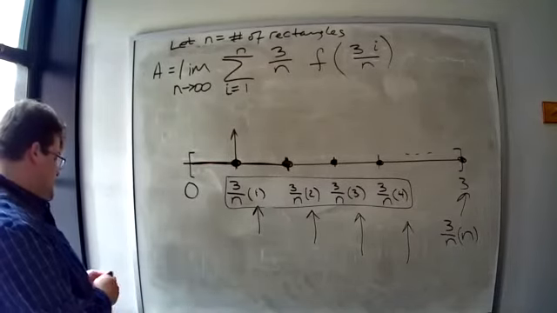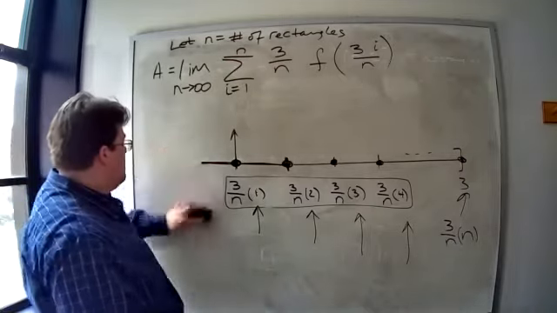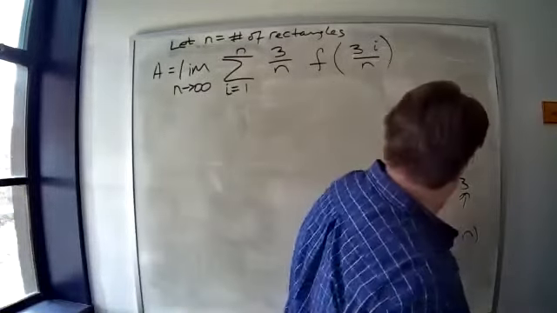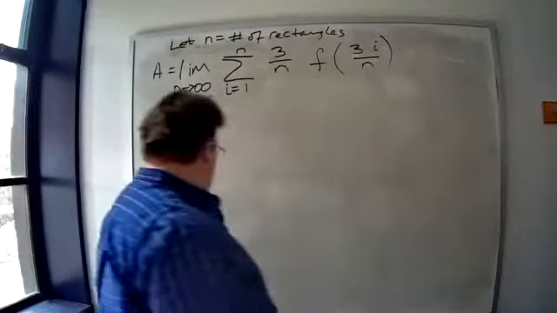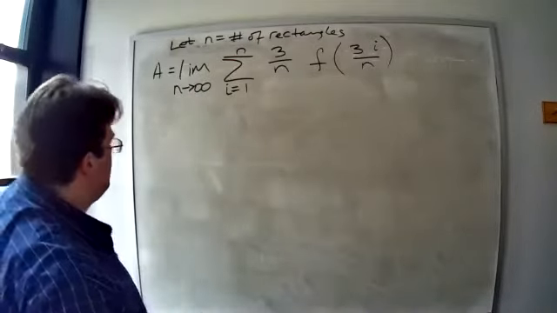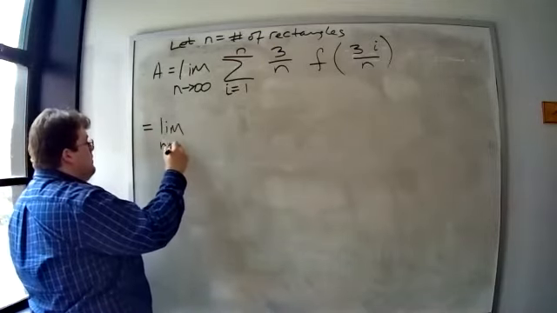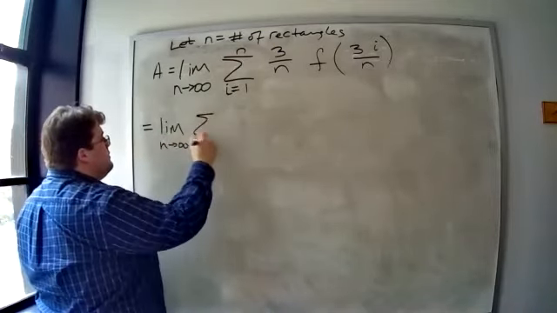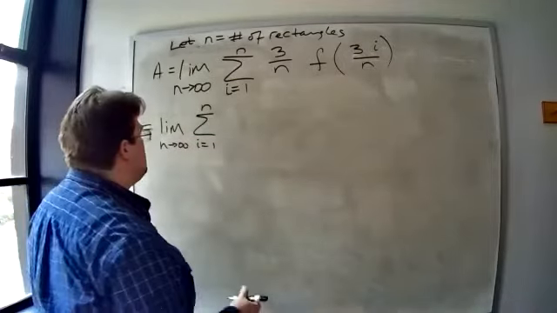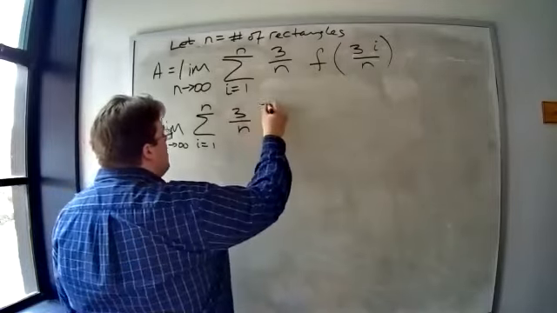Okay, I'm going to erase this number line now because the simplification will take a few lines. So how do we evaluate this? Well, it's a limit. We need to take the limit at some point. Not yet, we have some simplification to do. We also have to get rid of the sum at some point. Again, not yet, we have simplification to do. 3 over n, I'll leave that there for now.